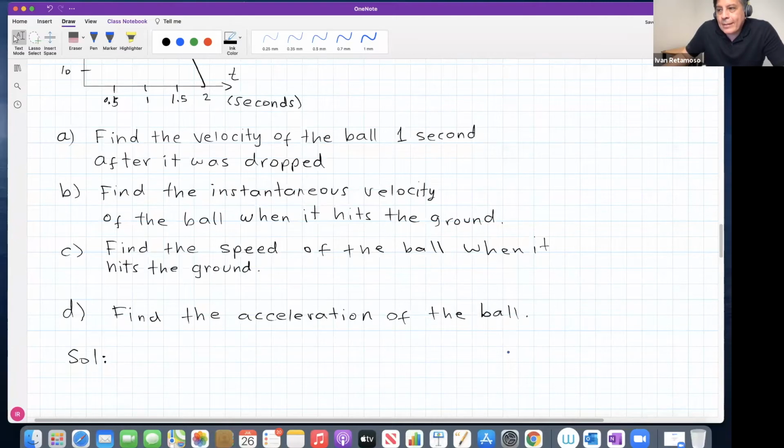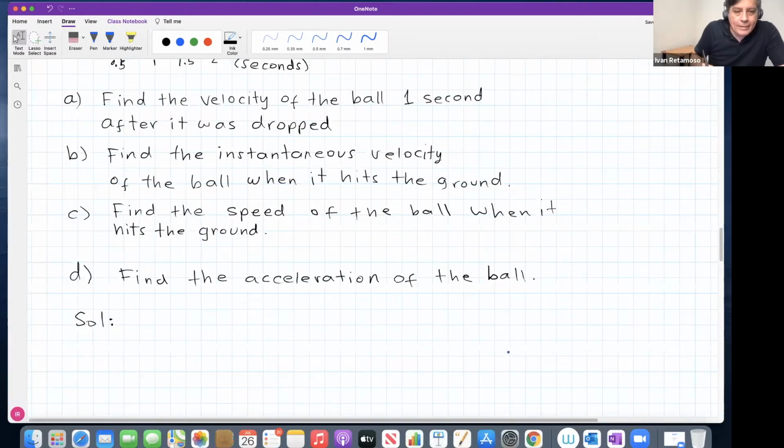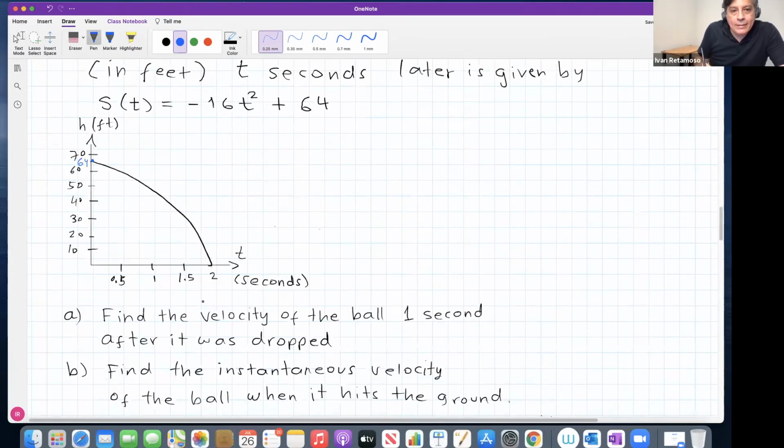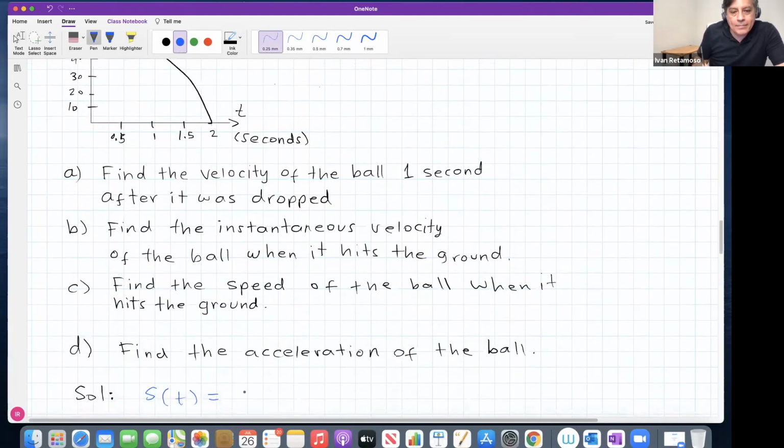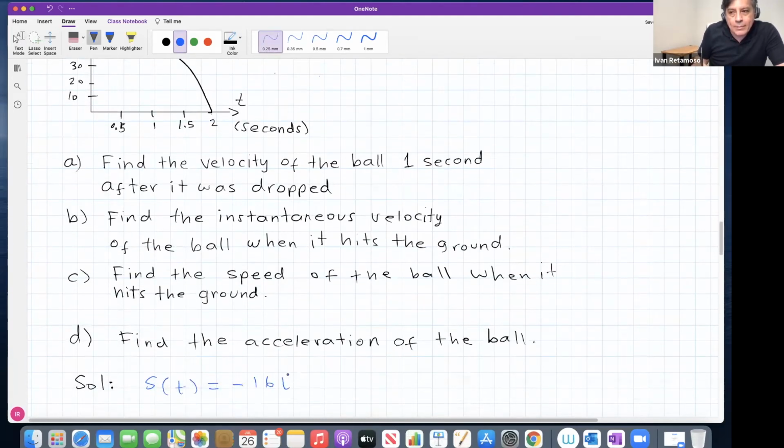Find the velocity of the ball 1 second after it was dropped. For that, I remember that the velocity can be found by taking the derivative of the position function. The position function is given there, minus 16 t squared plus 64.